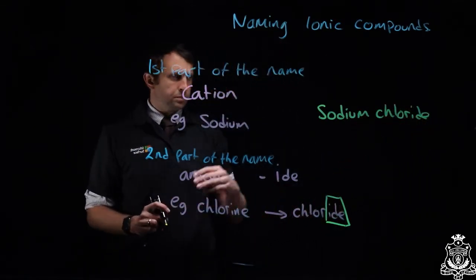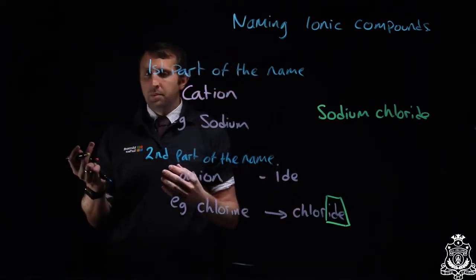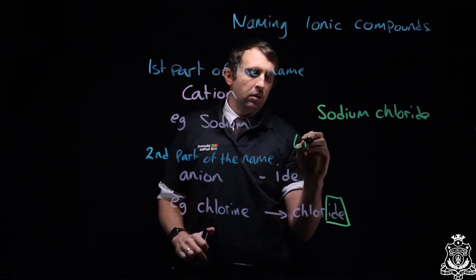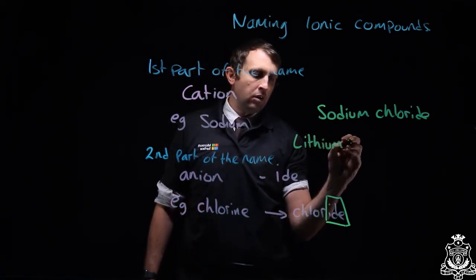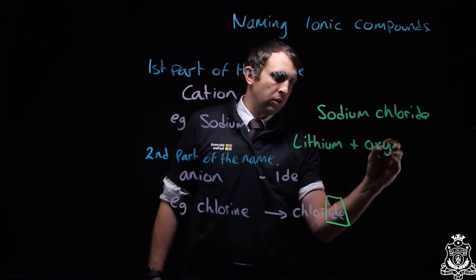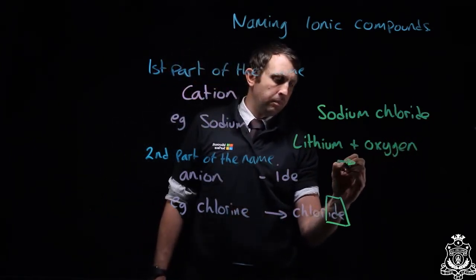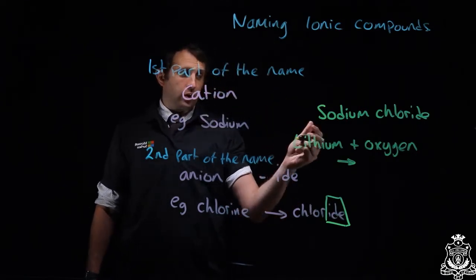Let's do another example. Let's take lithium and oxygen. So let's combine lithium and oxygen. This is going to become our ionic compound.